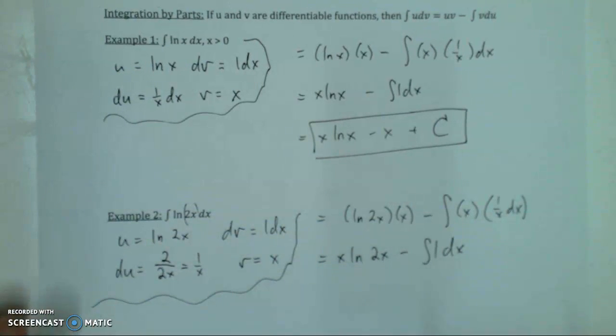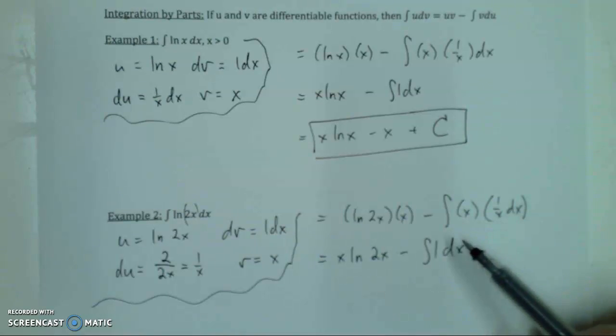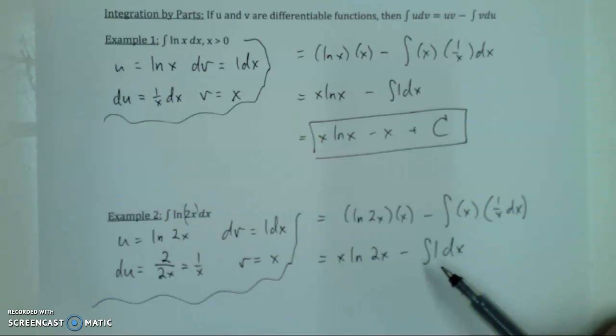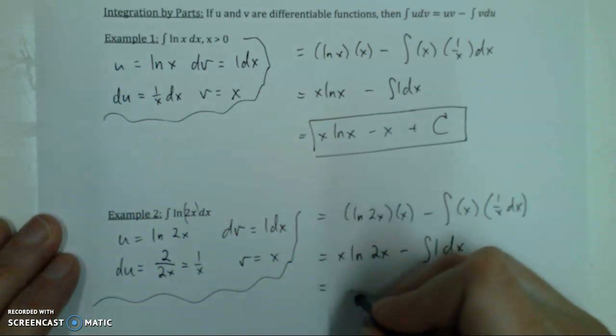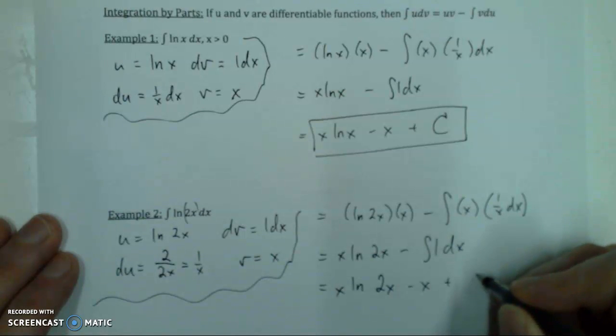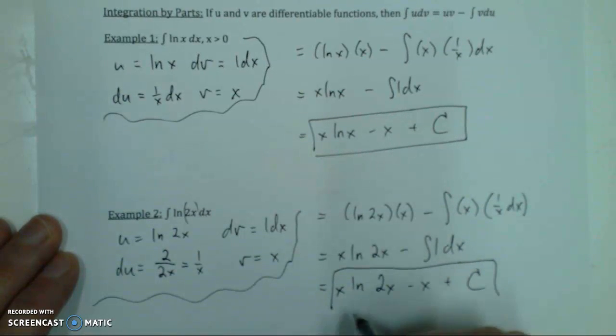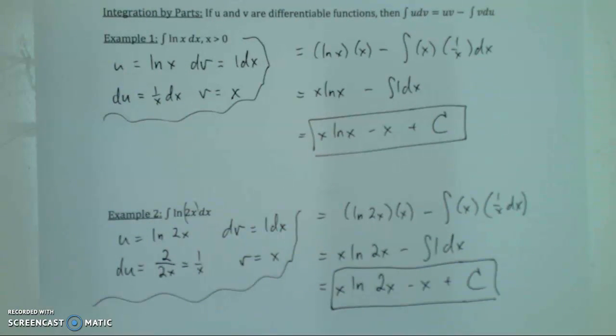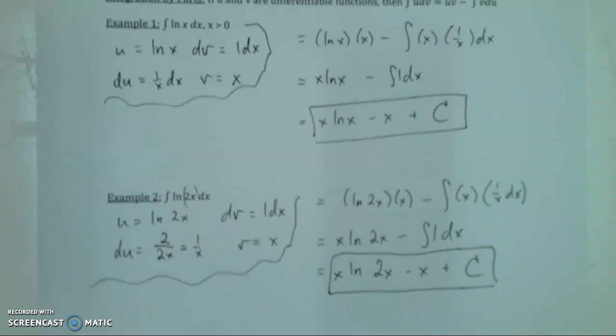Again, you have to simplify before you can integrate, because I don't have an integration rule for multiplication. But that's a good thing, because that's a pretty easy integral. So I get x times the natural log of 2x minus x plus, of course, my constant. All right, so most of these log problems will look pretty similar to that.